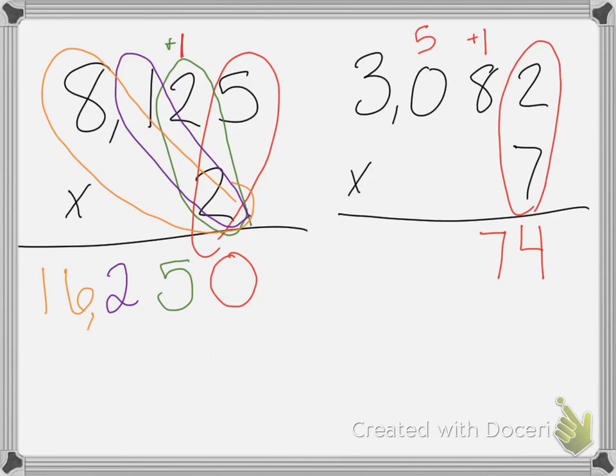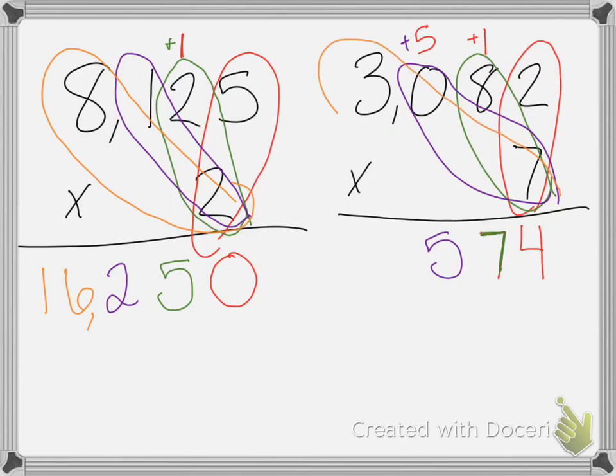Then 7 times 0 is 0. Plus 5 is 5. And finally, 7 times 3 is 21. So my answer is 21,574. So practice this for your homework, and that's all for this lesson.